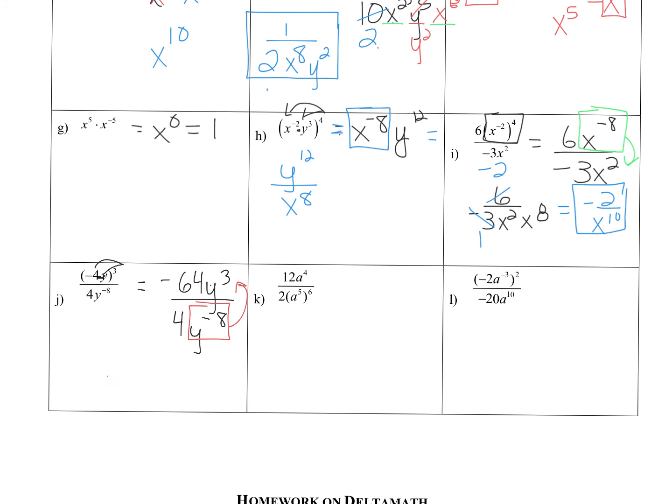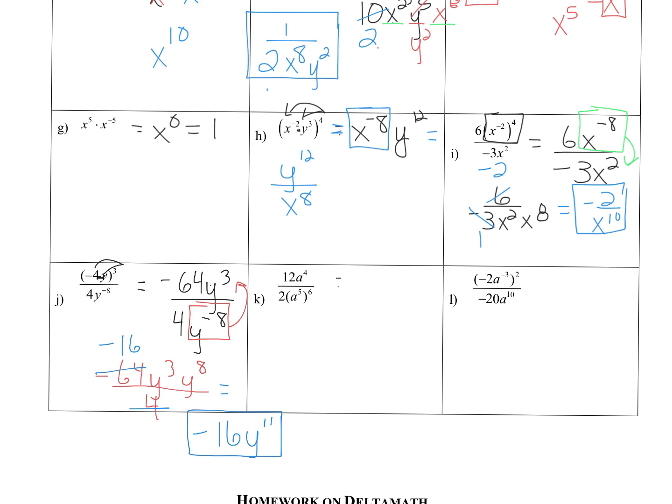Move it up. So we have negative 64y cubed, y to the 8th over 4. This reduces to negative 16, and we add the exponents. So negative 16y to the 11th.